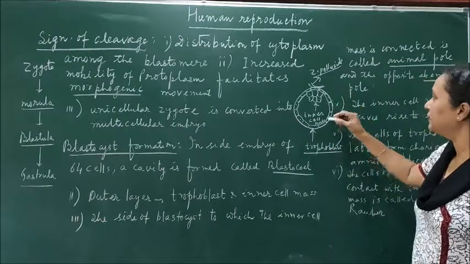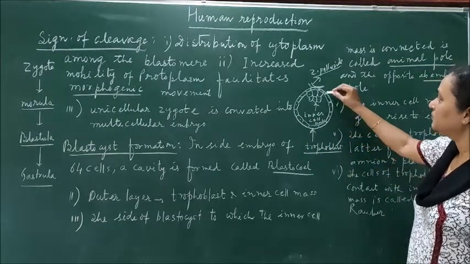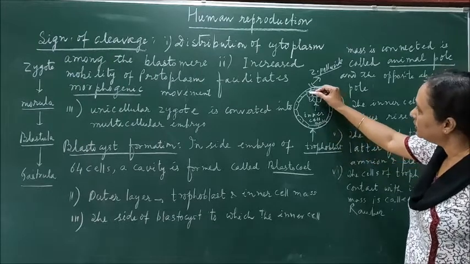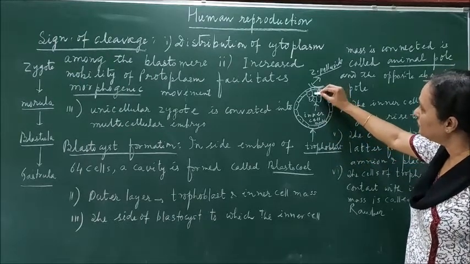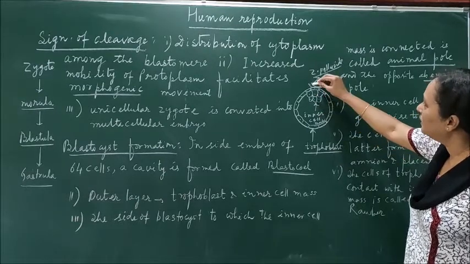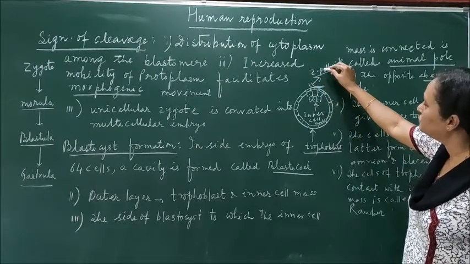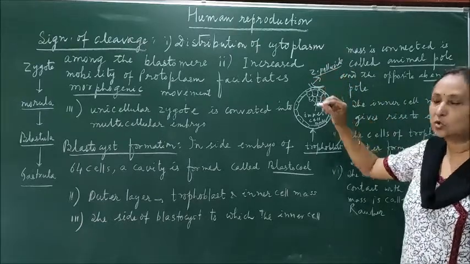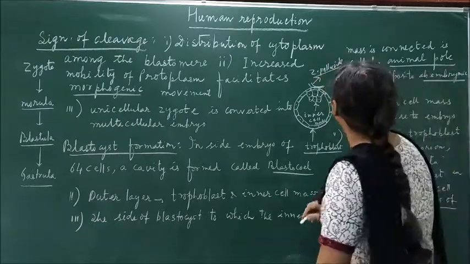So here you see in the diagram, this is the diagram of the blastula. This outermost layer is called the trophoblast, and here you see at one point a few cells are present. These cells are called the inner cell mass, and it is connected to the zona pellucida, because the zona pellucida is the outermost layer of the ovum. Okay.